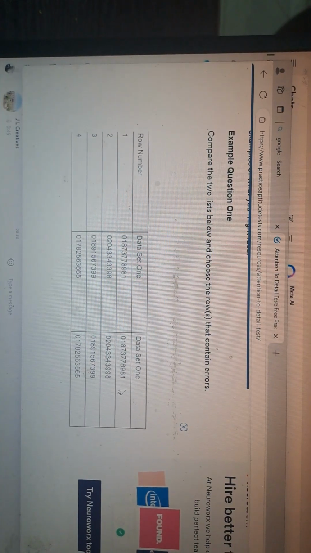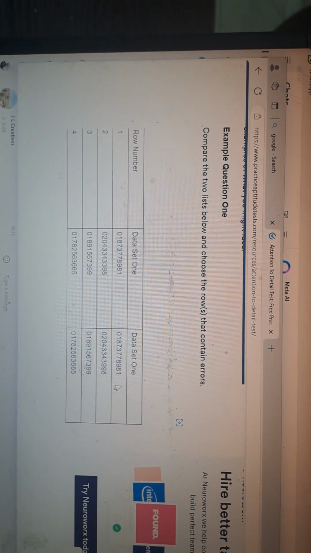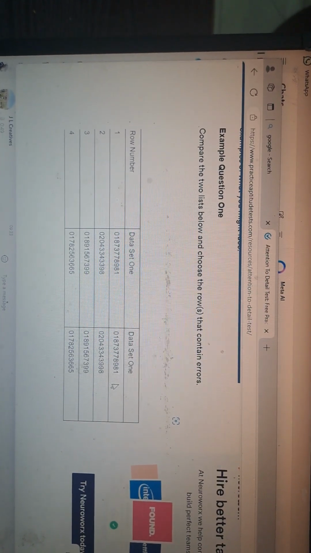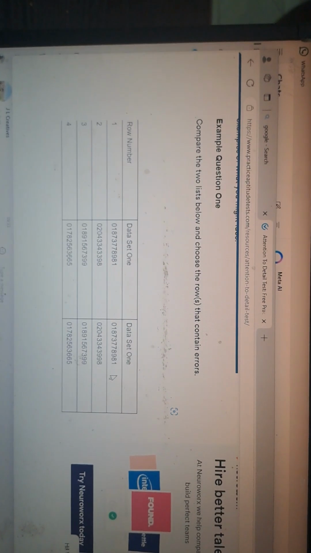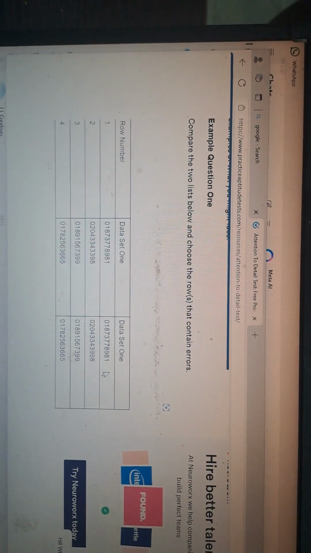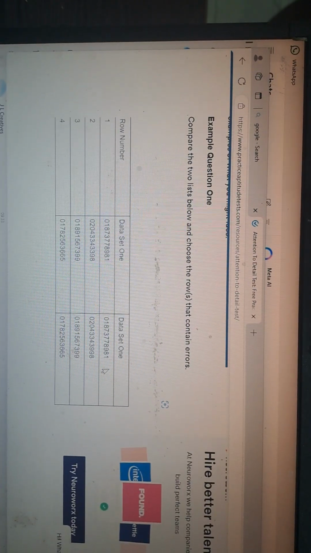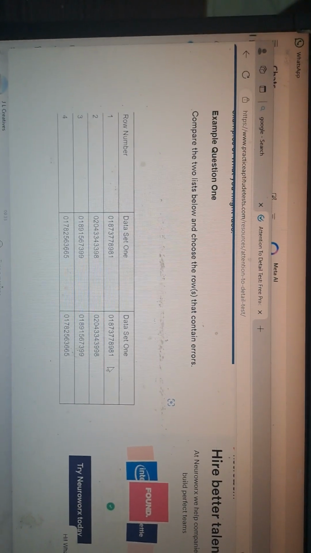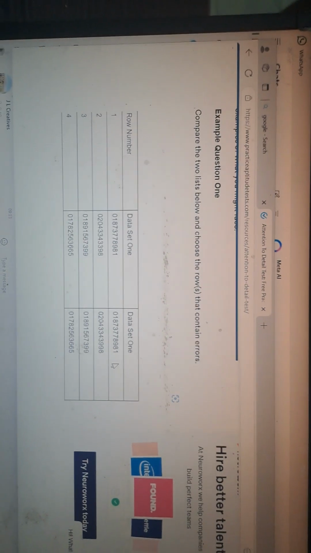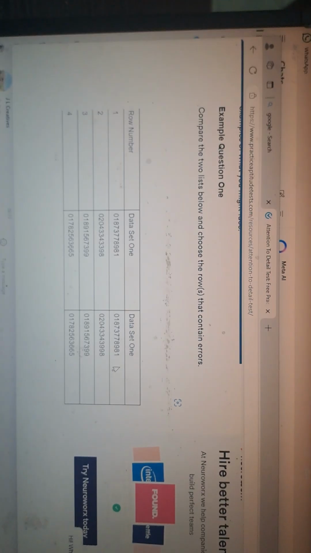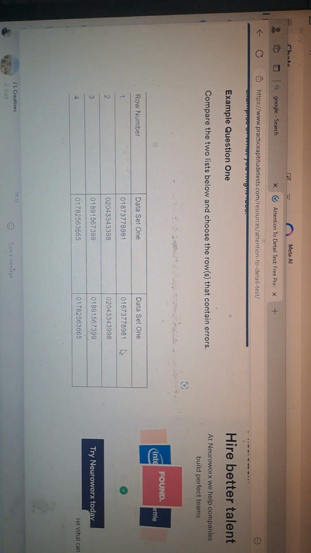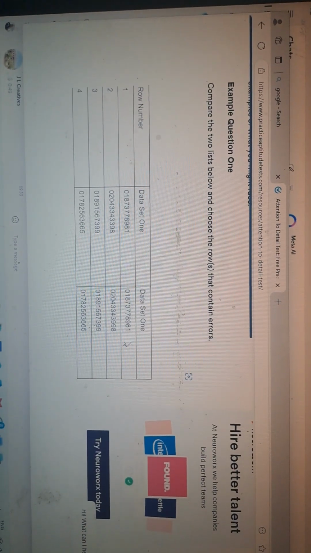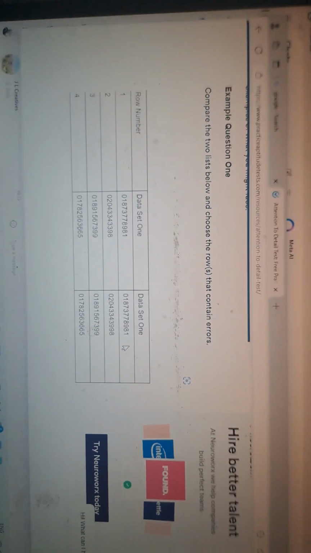If the person can easily identify the differences between the data set in column 2 and the data set in column 3, or probably the similarities, then you know that at least there are some elements showing that the person can actually pay attention to detail.